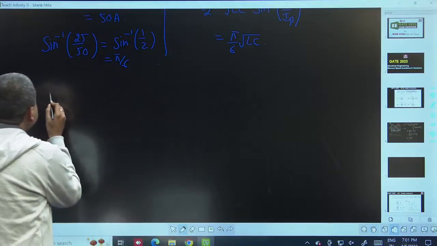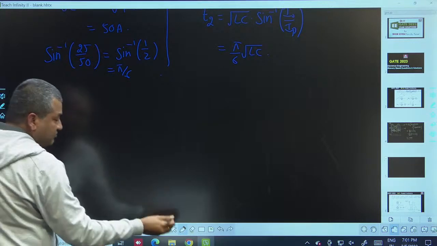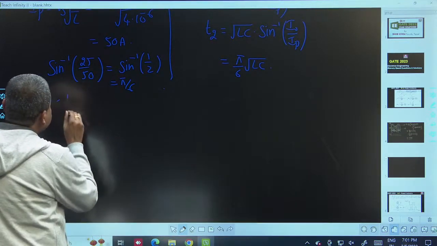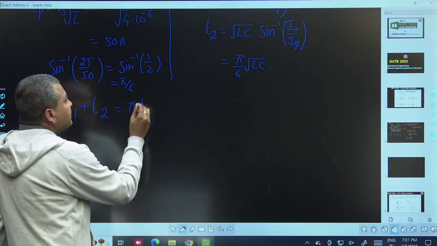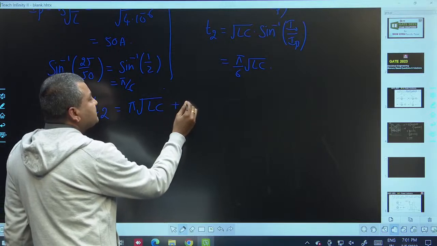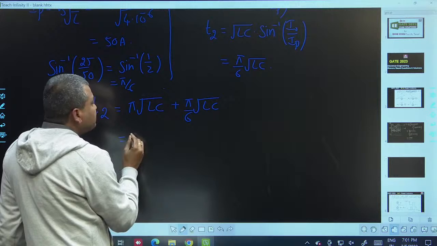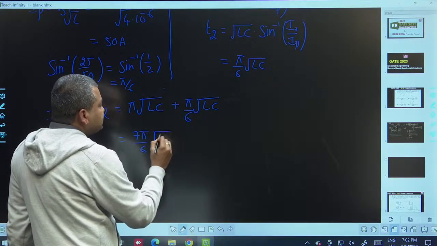In this case, the thyristor is conducting for the duration of the first mode, T1, plus T2. T1 is pi into square root of LC plus pi by 6 into square root of LC. So that comes to be 7 pi by 6 into root LC seconds.